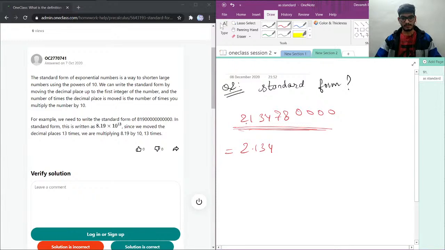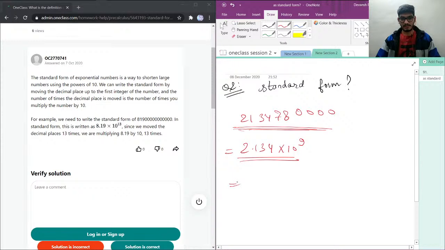So we are placing the decimal at this point, and after the decimal we have 9 numbers. So we raise the power of 10 to the number of integers we have after the decimal place.